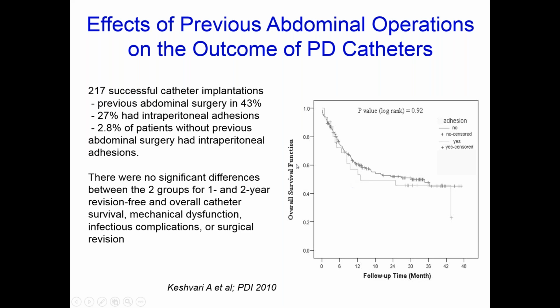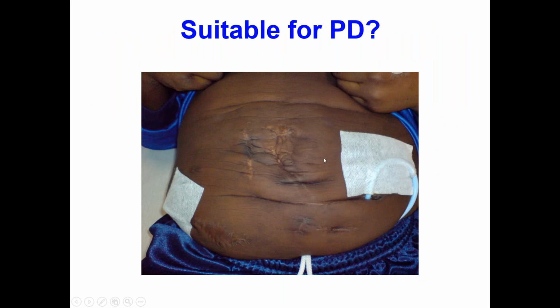And here they see that some patients had adhesions, and irrespective of previous surgery or adhesions, the outcomes are not different. Therefore, if you have a child with an abdomen like this, I wouldn't, at one glance, say it's impossible, we cannot do PD. If you are in a difficult situation, it may be worth considering and trying PD.